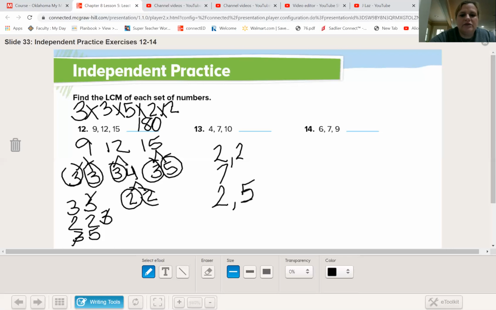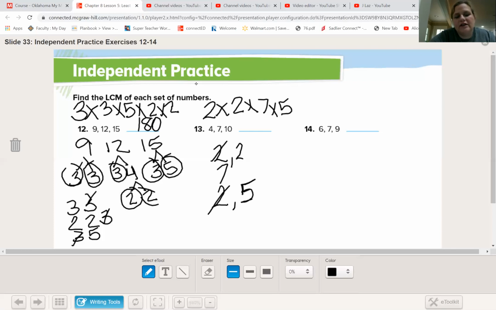So I just skipped making the trees and went right to listing them out. Now this 2 has a mate over here, this 2, so those are just going to become 1 2. This 2, this one's already taken, so it doesn't have anything, so it's got to stay. 7 doesn't have anything to cancel with, and 5 doesn't have anything to cancel with.